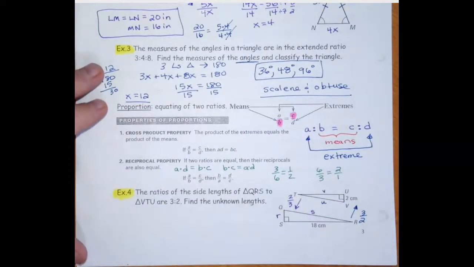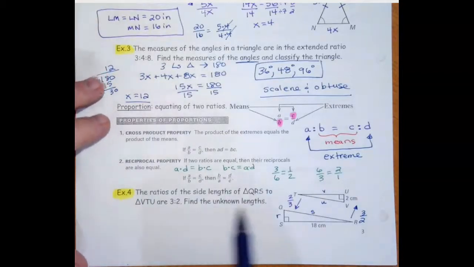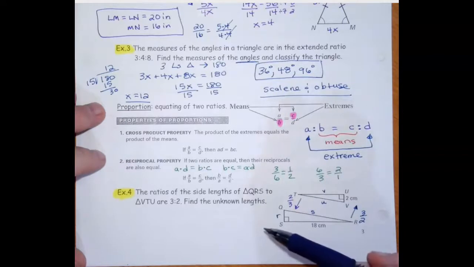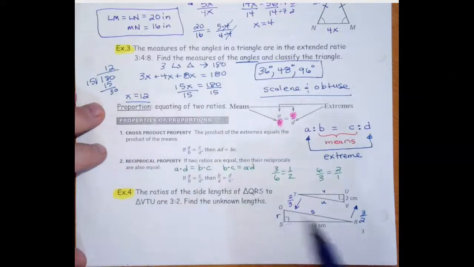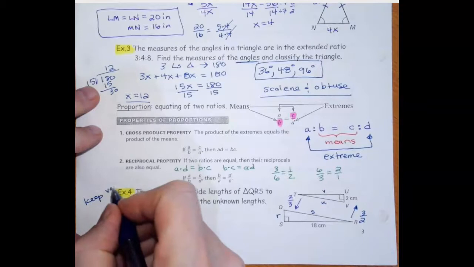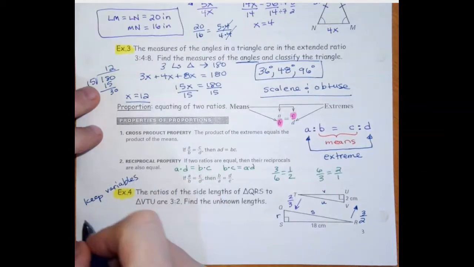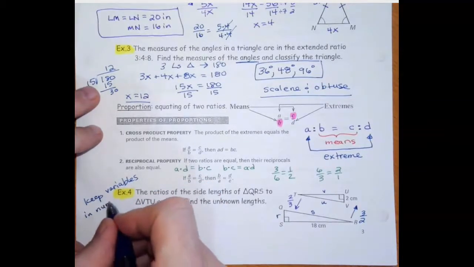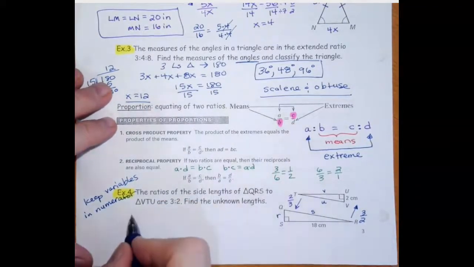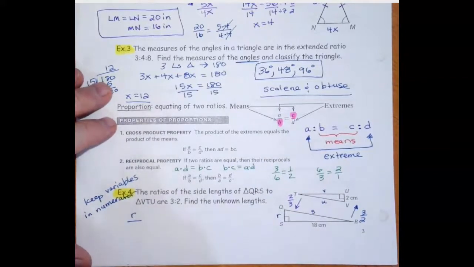Okay. So, it says find the unknown lengths. So, if we look at, let's go, R is right here. So we have R over, so keep the variables in the numerator. Okay, so I want to find R, so I'm going to put R in the numerator.